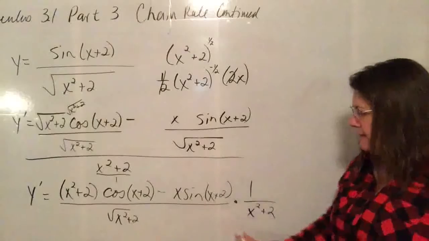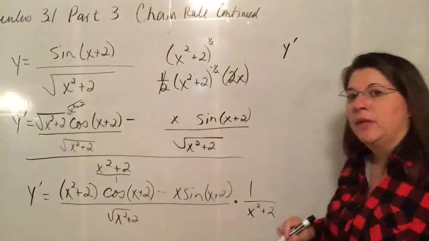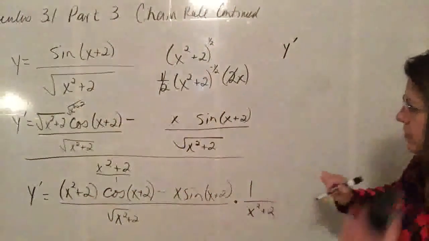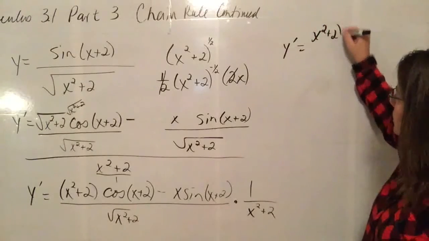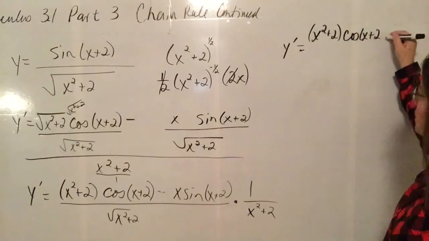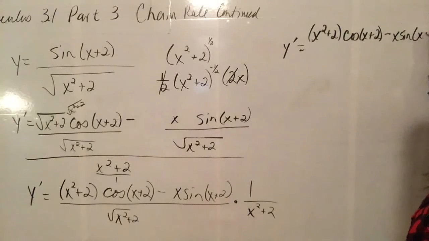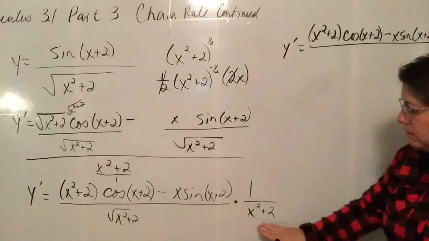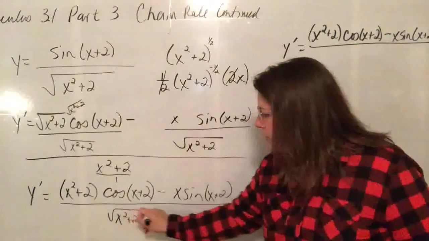So if I rewrite this, if you look at what you've got, y prime, and I've got to keep the numerator the same. All it's doing is multiplying by 1. So I've got x squared plus 2 times cosine x plus 2 minus x sine x plus 2, all over, now, x squared plus 2 times the square root of x squared plus 2.